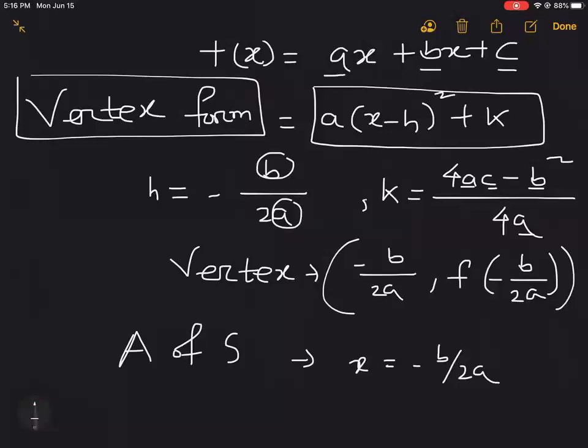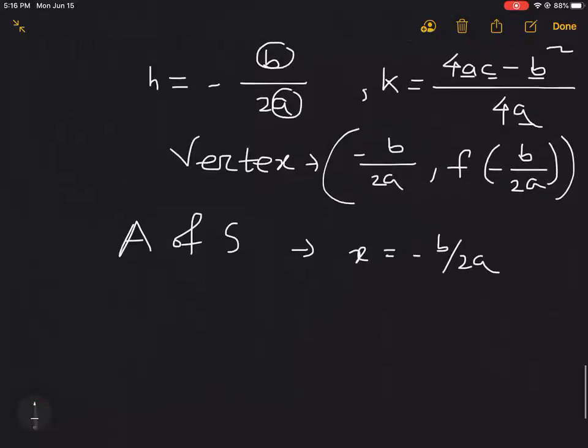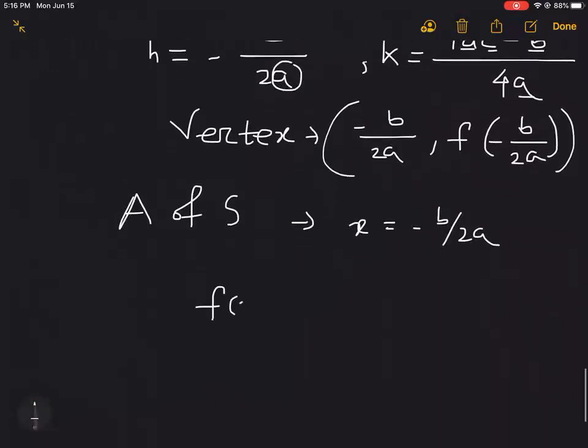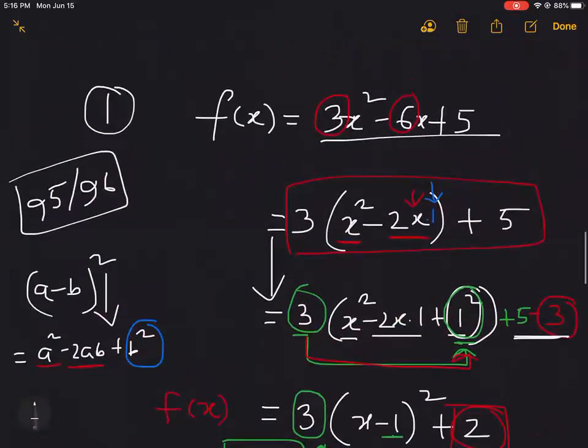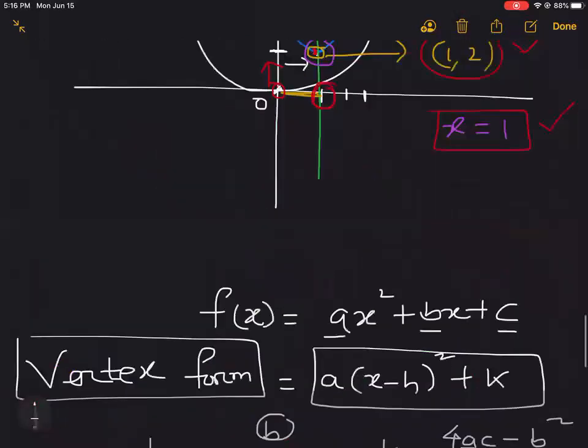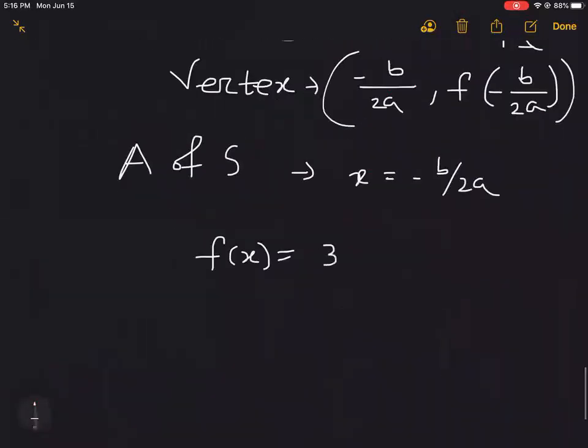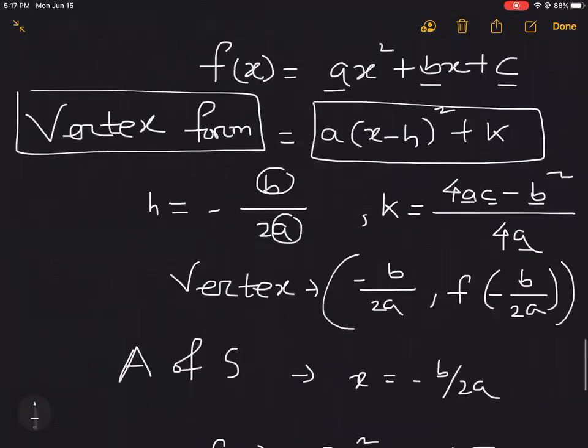Now, if we just go back to our previous problem, let's see whether it satisfies or not. What's the problem again? 3x squared minus 6x plus 5. First of all, we want to rewrite this in the vertex format, and we also have that.